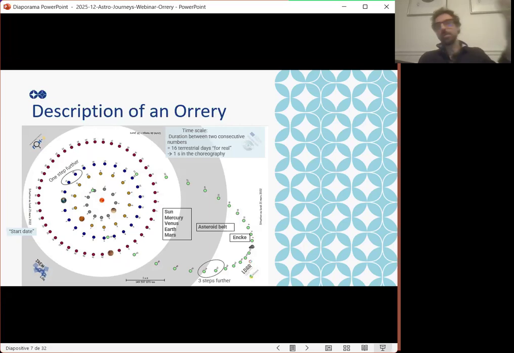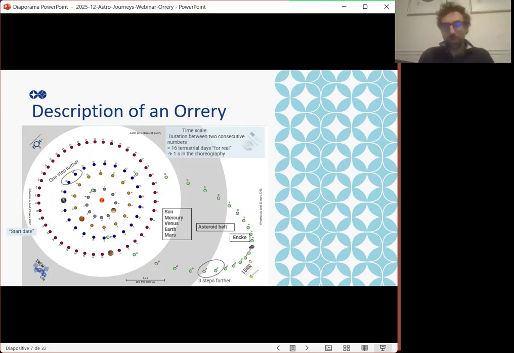That's the exact position of all the objects during 1 year, during one revolution. So if you start with Earth at the starting date, and you observe Earth moving around the sun during one terrestrial year, it follows exactly the position.